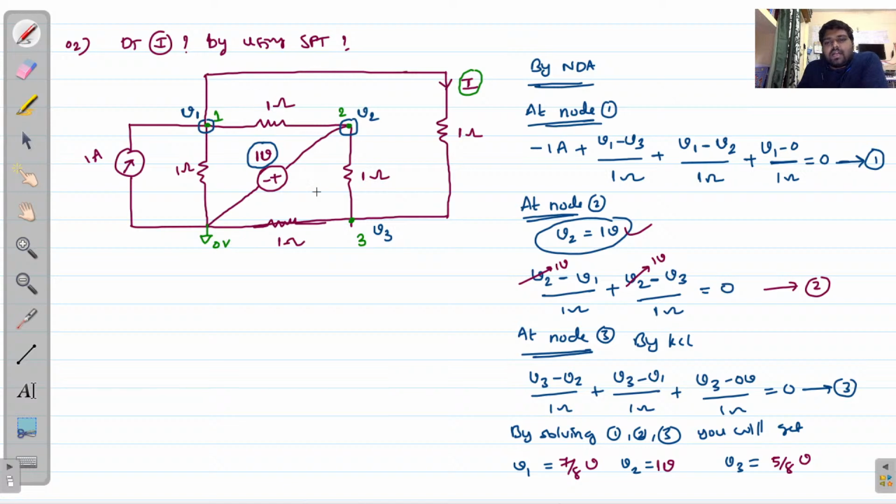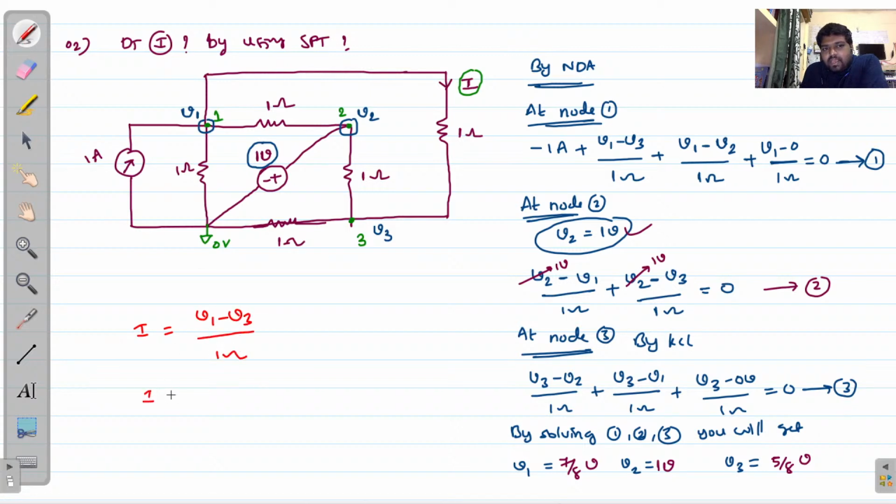Once you get this, what is the current we require? The current in this branch. The direction of current is towards this, that means current flows from V1 to V3. So we get I equals V1 minus V3 by 1 ohm.